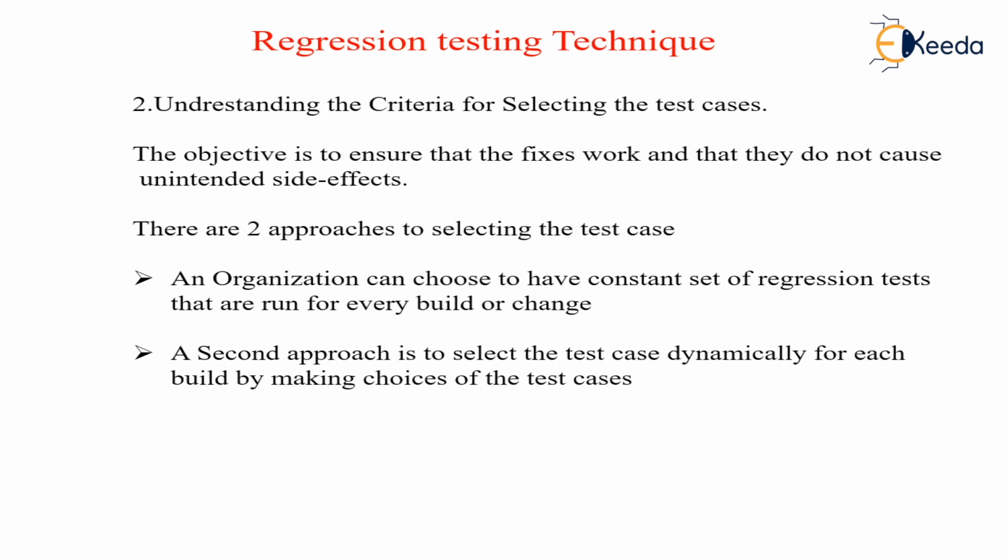But the selection of the test cases for regression testing depends more on the impact of defect fixes than the criticality of the defect itself. Because we are focused on defect fixes rather than the defects popping up.